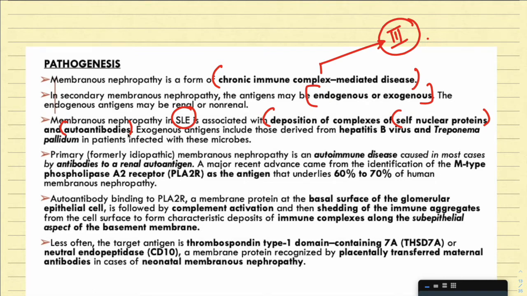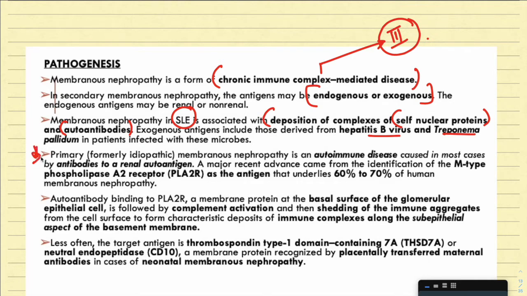Other antigens can be exogenous, that means those derived from hepatitis B virus or other microbial agents like Treponema pallidum. So in the secondary variety of membranous nephropathy, the antigens can be exogenous or endogenous: endogenous as in SLE, and exogenous as in microbial infection.